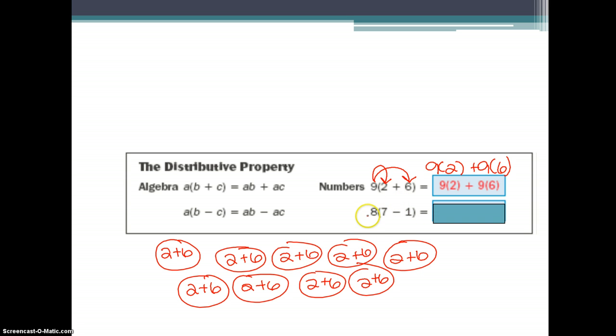Okay, the number on the outside is telling you how many groups, and the inside 2 numbers tells you what's inside the groups. And again, the distributive property for this one would be 8 times 7 and then 8 again times 1. The minus sign is in between, and at this point we can change it to adding the opposite.